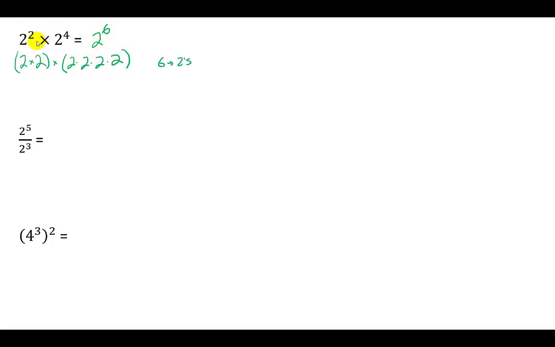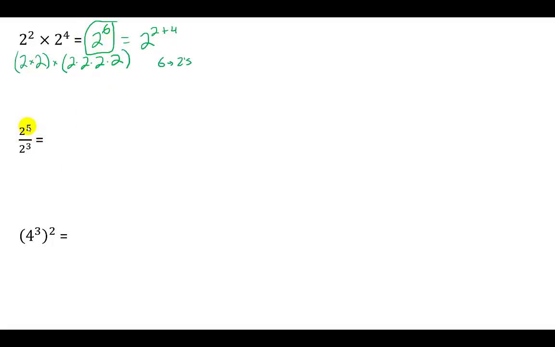Because the bases are the same, we're able to add the exponents, 2 plus 4. We add 2 2's, we have 4 more 2's, and that's how we get 6 2's in total.